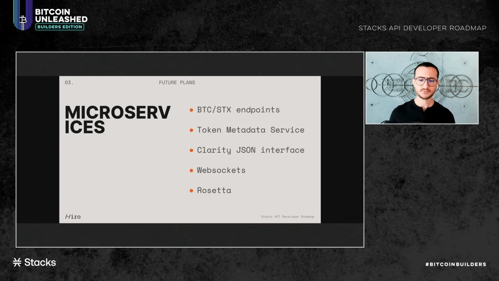Lastly, we're going to be moving Rosetta out of the core API into its own microservices. And this would also be very useful, for example, for some exchanges or applications that rely heavily on Rosetta because they also use other chains. So they'll be able to just run the endpoints that they need or use the Hiro provided service to do just that.